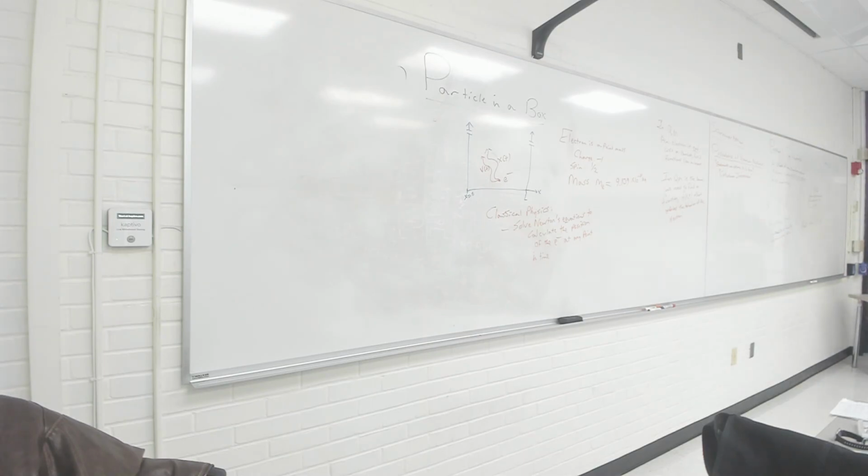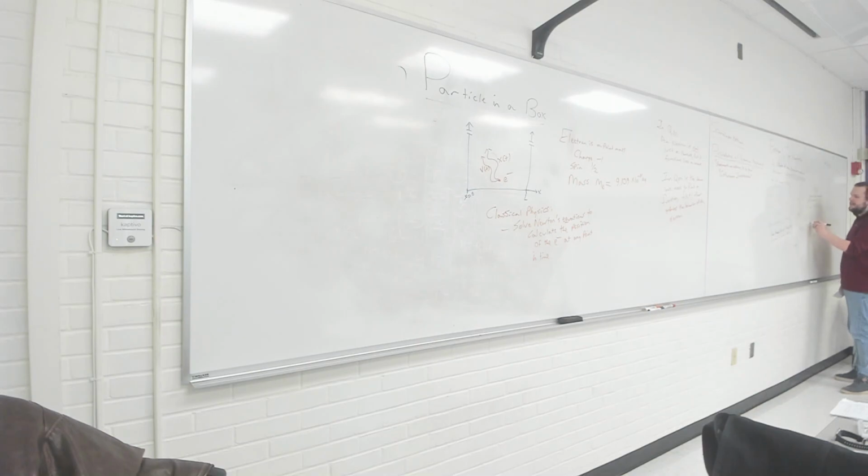More importantly is this. Let's write it here. When you integrate the probability across all space, let's just go from minus infinity to infinity of psi squared dx. What's the probability of finding our particle in any part of space?